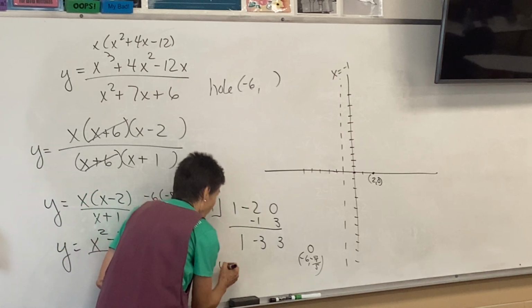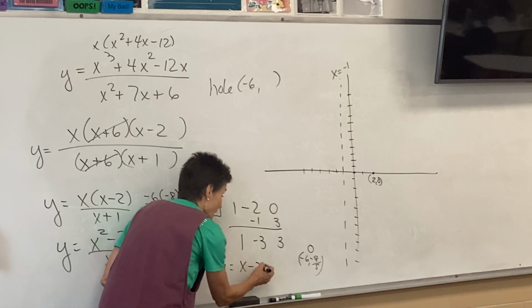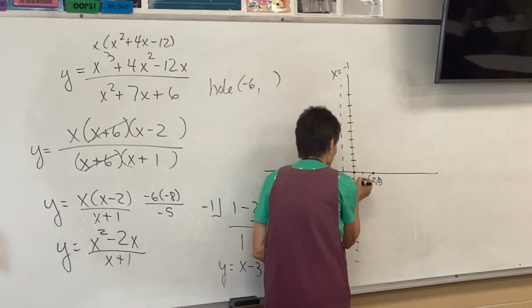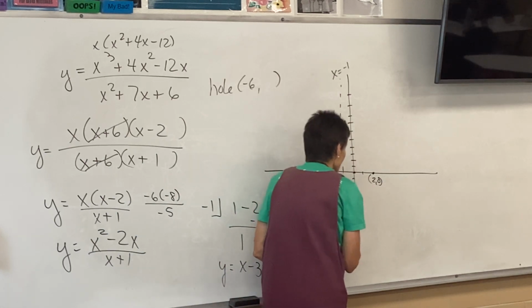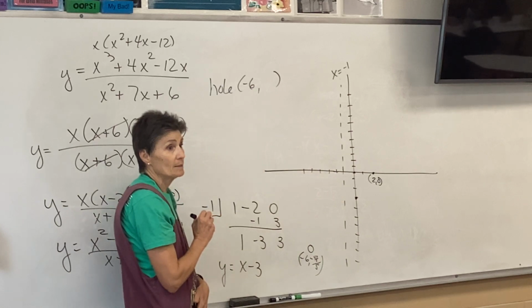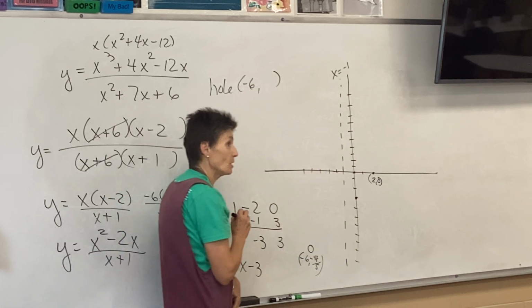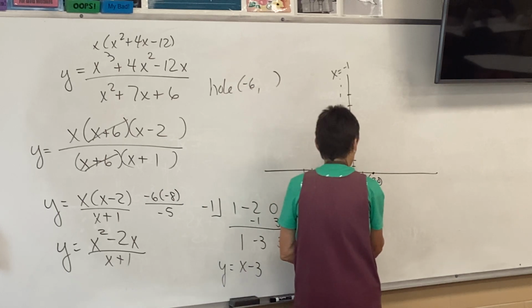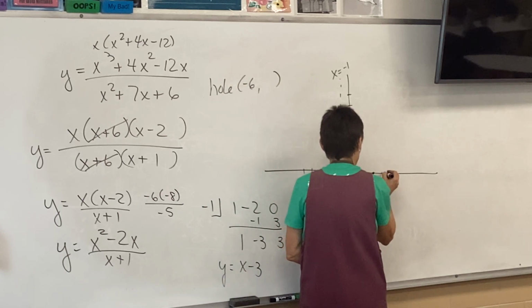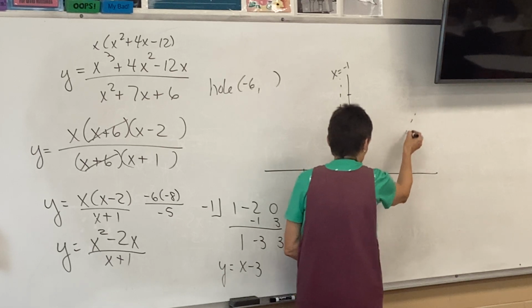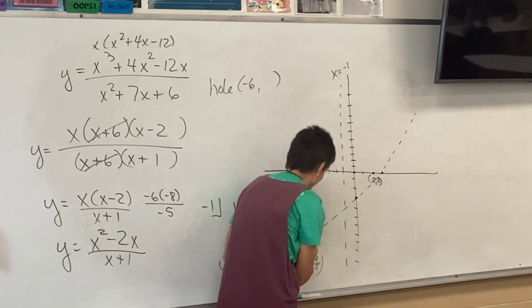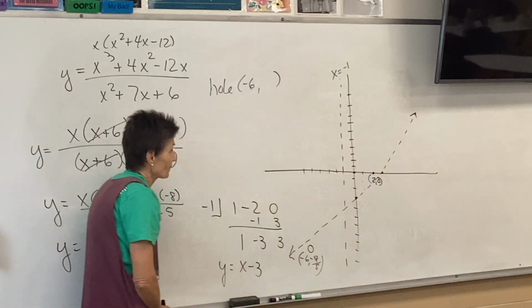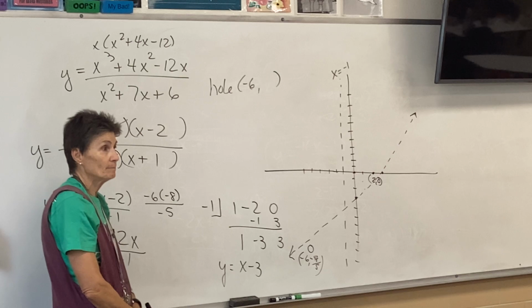It's going to be y equals x minus 3. So I'm gonna sketch a line with a y-intercept at -3 and a slope of 1. Does that look okay to everybody?